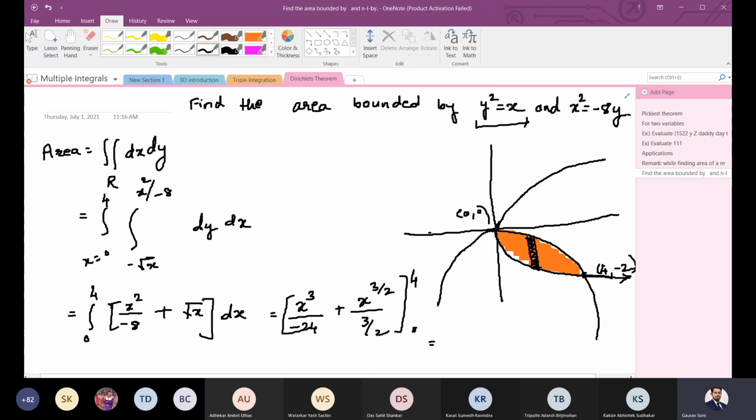The value of y is going to be the negative root x, because in the lower quadrant the value of y is negative. The upper limit of the strip is this parabola. On this parabola, equation is x square equal to minus 8y. So y will be x square by minus 8. This is done in the previous lectures.